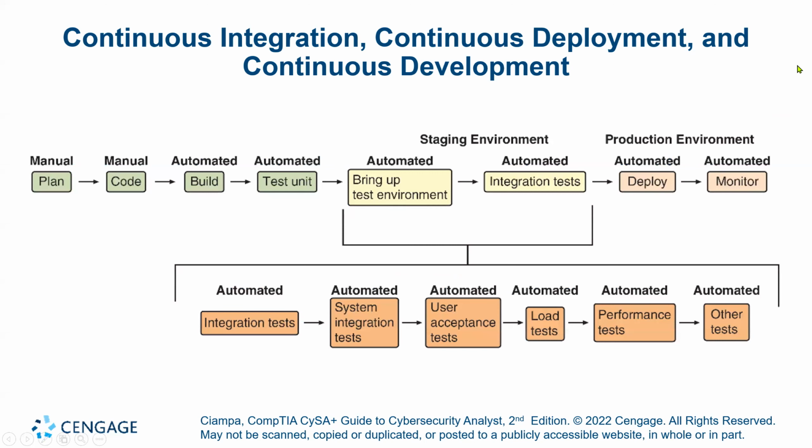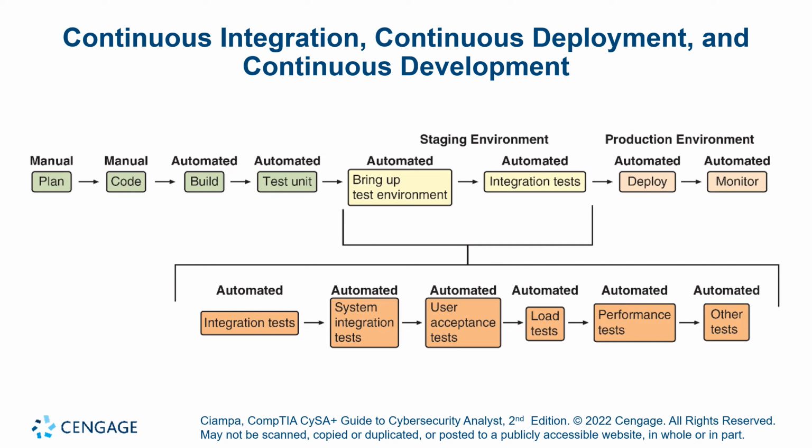Continuous integration and continuous deployment and continuous development. So this is your flow chart here. So manual plan, code, build, manual plan, manual code, automated build, automated test unit. And then in your staging environment, you have your automated section here, bring it up, test environment, and then integration test.